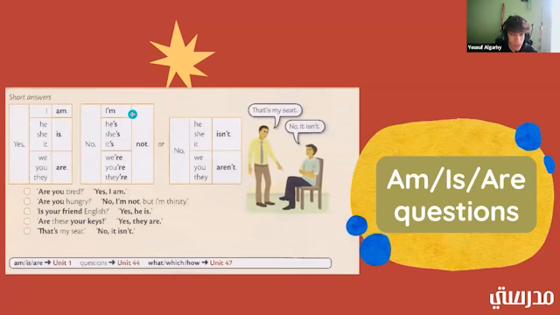So obviously, yes, I am, you're talking about yourself. And yes, he is, she is, it is, you're talking about someone else. And then yes, we are. We are would be specifically, you're talking about you and someone else. You are, you're talking about the person that you're talking to. And they are, you're talking about a group of other people.